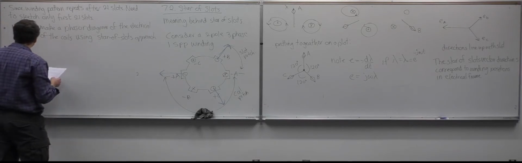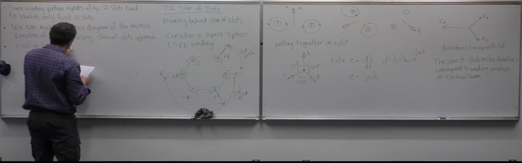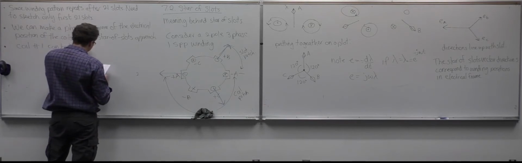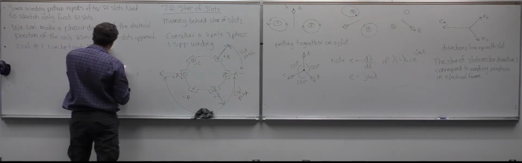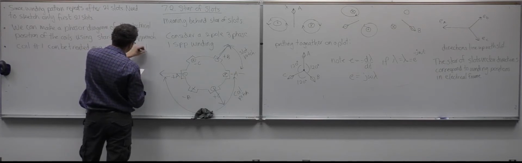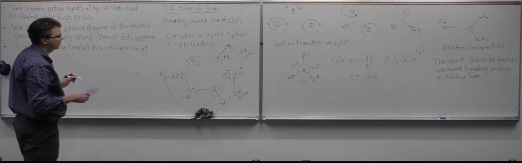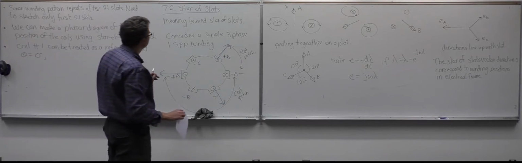This will make sense when I show the picture. So coil number 1 can be treated as a reference coil at theta equals 0 degrees.